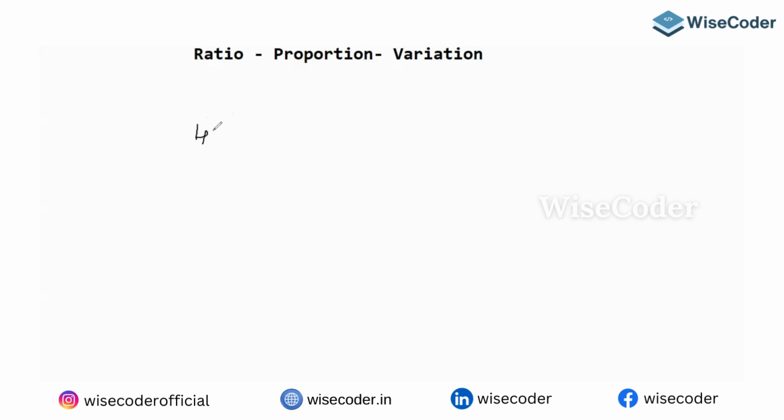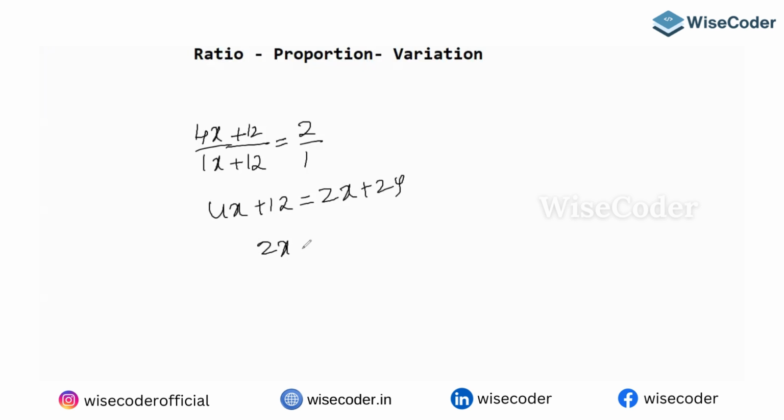Initial ratio is 4:1. After 12 years, (4x plus 12) by (x plus 12) is equal to 2:1. If you cross multiply, 4x plus 12 is equal to 2x plus 24. So 2x is equal to 12, then x is equal to 6. If you want their ages, 4x is mother, so 4 into 6 is 24.